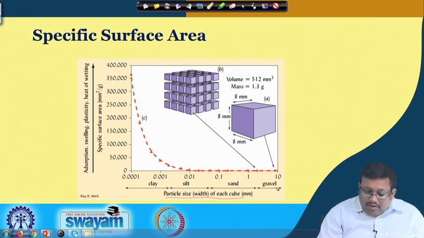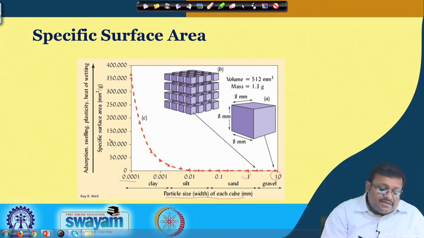Going from gravel to sand to silt and clay, the particle size is reducing from 10 to 1 to 0.001. So the particle size is continuously going down, and the specific surface area, measured in square millimeter per gram, is continuously increasing in this direction.